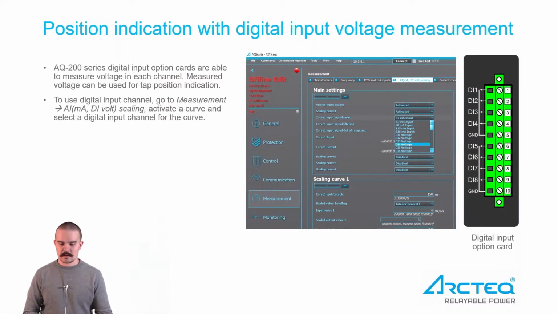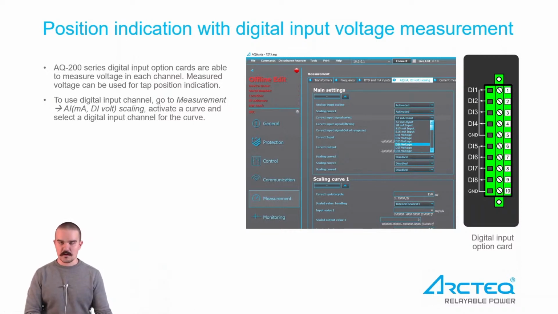And then using the voltage measurement of digital input channels in the option cards. To do this, you will have to go to measurements and analog input scaling, and there you activate analog input scaling. You activate one scaling curve and then select one of the voltages.